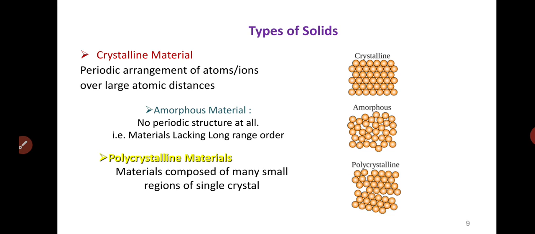Second is amorphous material. No periodicity of the atoms, means the material is lacking long range order of atoms. In polycrystalline material, the material is composed of many small regions of single crystal.